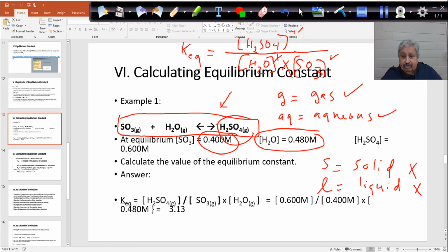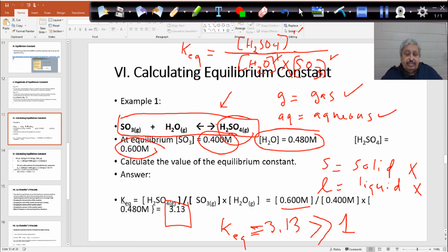The product is H2SO4, sulfuric acid, with concentration 0.6. So you have 0.6 for the product divided by 0.4 for the H2O multiplied by 0.480 for SO3. Then you calculate, and K equilibrium comes out to be 3.13. So this is greater than 1, correct?